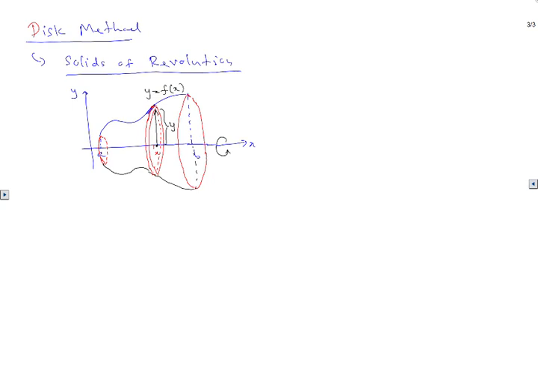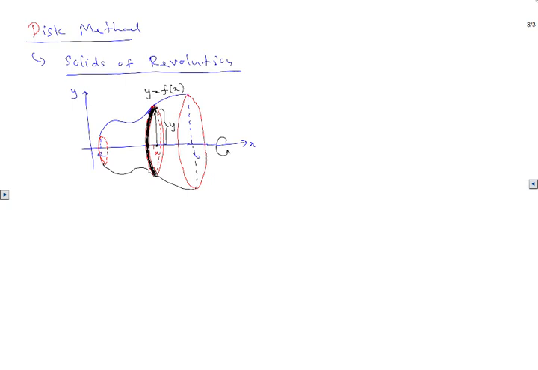So the radius is the y coordinate. So that's the disk. I'm going to color it.